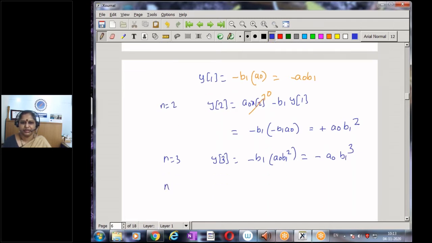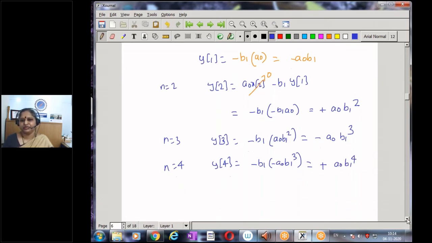And if I go to n equal to 4, I'll get minus b1 into y3, which is minus a0 b1 cubed, and that becomes plus a0 b1 to the power of 4. So we can proceed this way, and we can tell that y of n will be minus 1 to the power of n into a0 into b1 to the power of n.